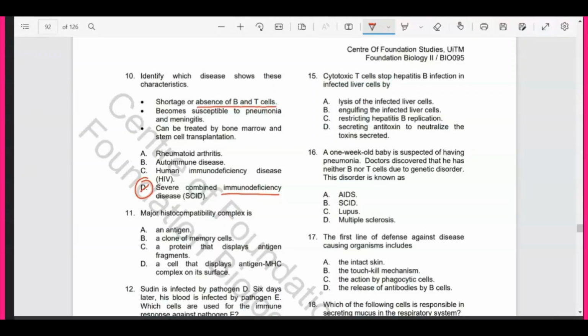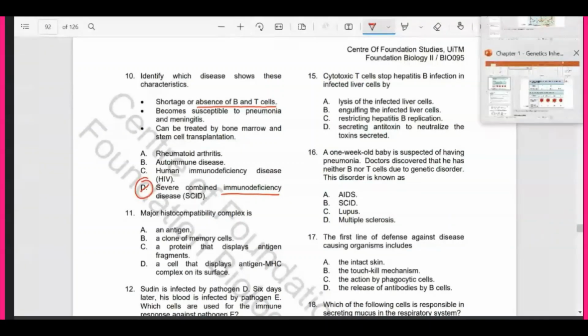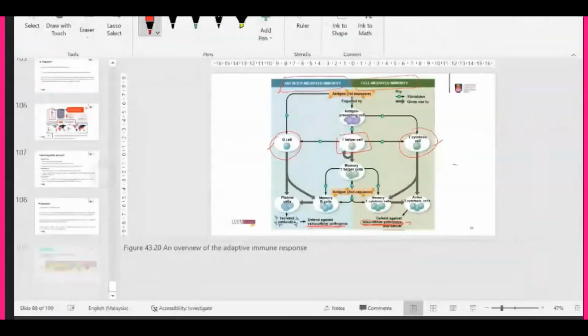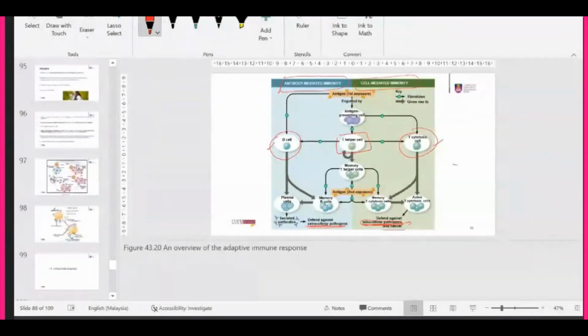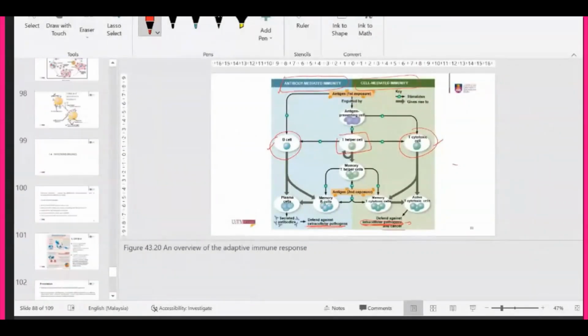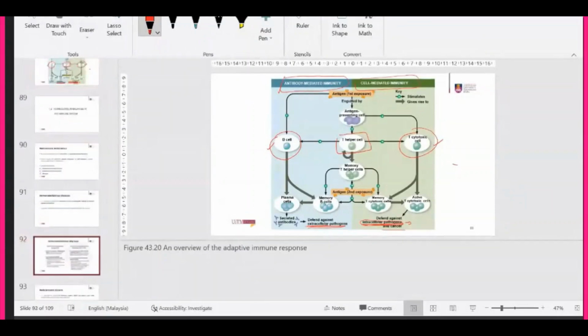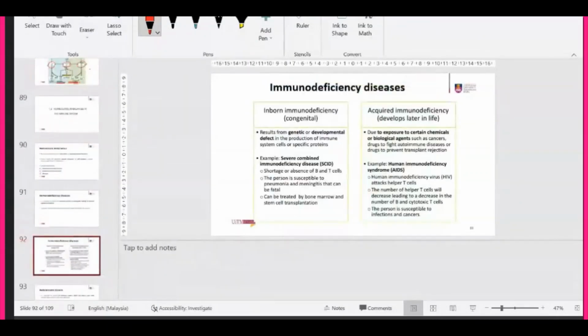The body is lacking defense mechanism by the B and the T cell. But for SCID ni, it is inborn, daripada lahir lagi kan penyakit ni. Inborn. This one here. Okay. So daripada lahir lagi.